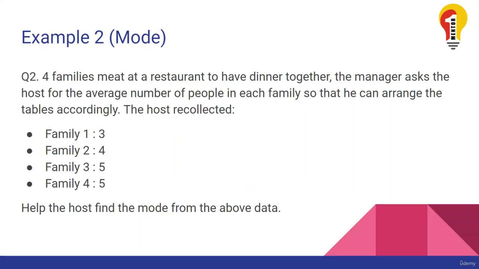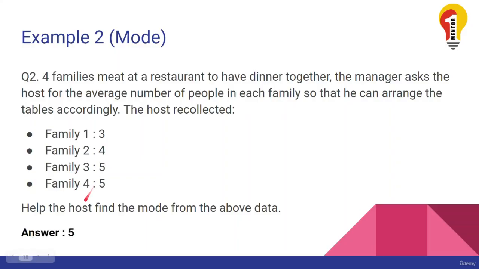Going back to the same question that we encountered earlier, the restaurant problem, we see the same data over here. So now we have 3, 4, 5, and 5. The median gave us values in decimals, and we cannot have people cut into halves or quarters.